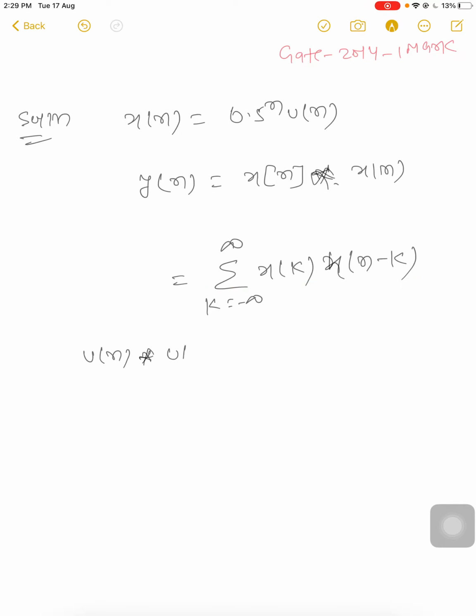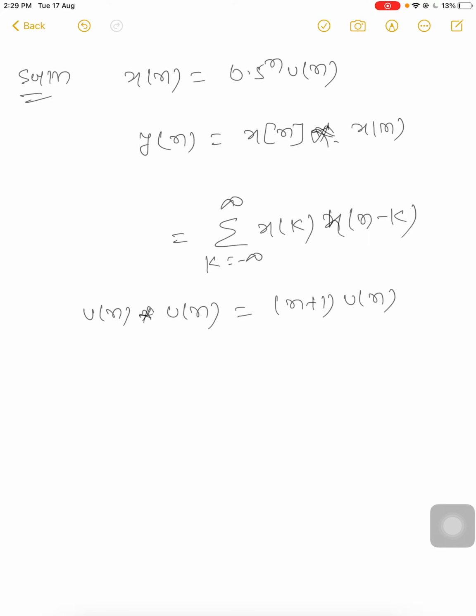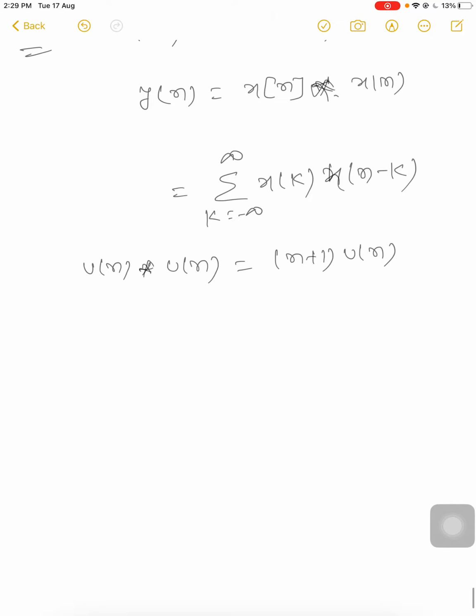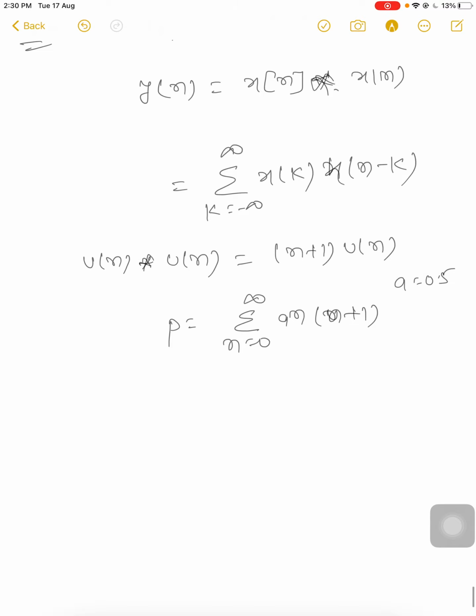See, y[n] is the convolution, u[n] convolution u[n] will be (n plus 1) u[n]. Okay, so here is 0.5 to the power n, and let us consider p is equal to summation n is equal to 0 to infinity a to the power n (n plus 1), where we have considered a is equal to 0.5.